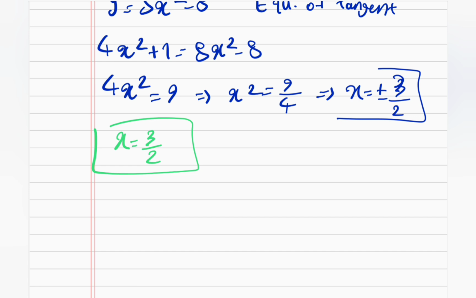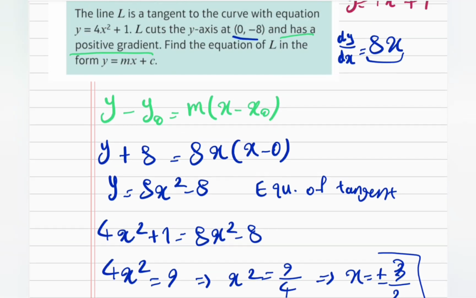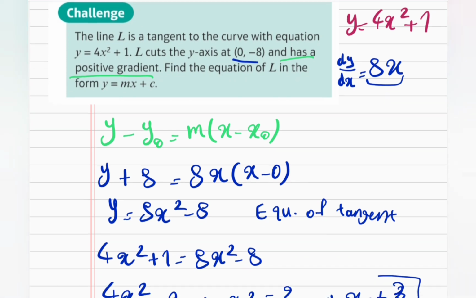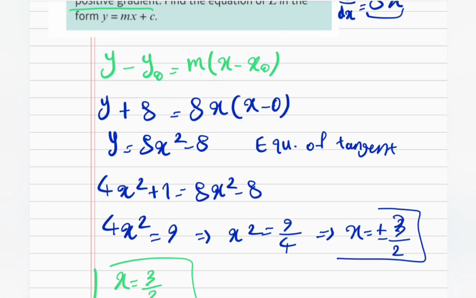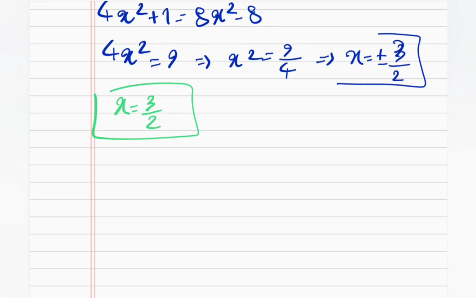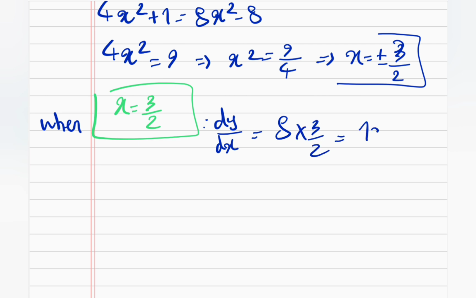Okay, now that we have the point of intersection, we can go back and find the gradient of the tangent. So we just substitute into 8x. So when x is equal to 3/2, we have 8 times 3/2, and that gives us 12.